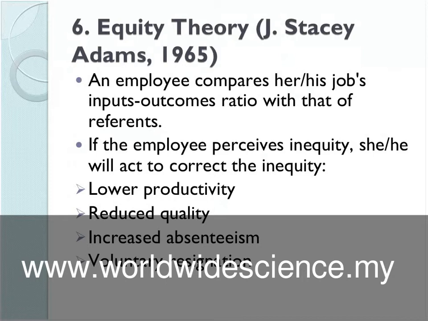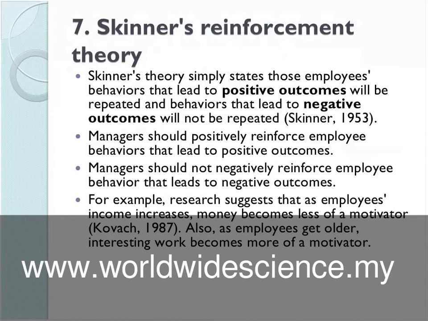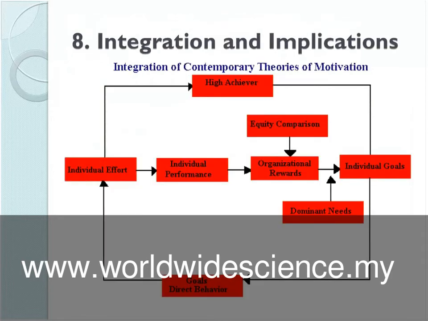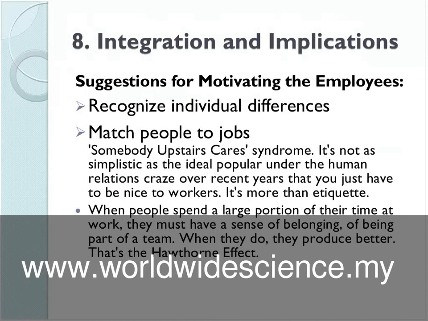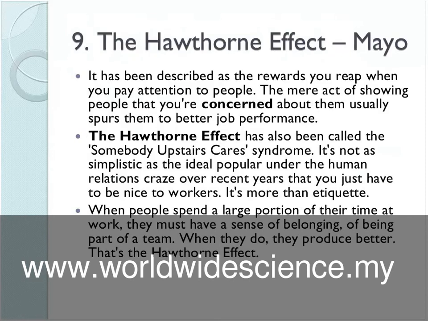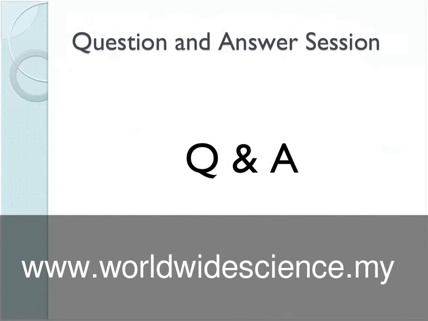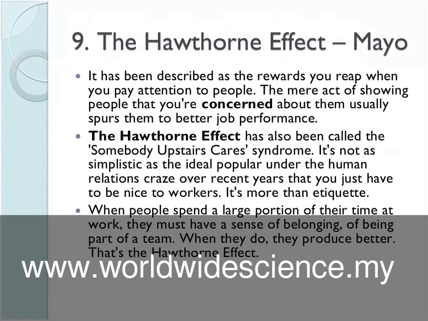The sixth one is the equity theory by J. Stacy Adams. We have Skinner's reinforcement theory. The eighth one is integration and implications. And the ninth one is the Hawthorne effect, Mayo theory. So, yes, we have the 9 kinds of motivation theories.